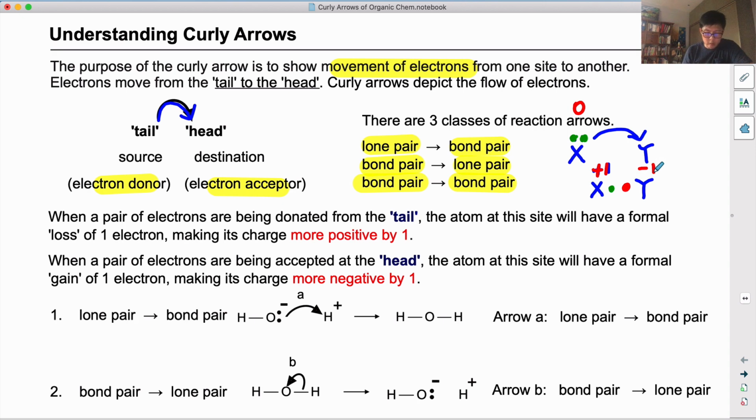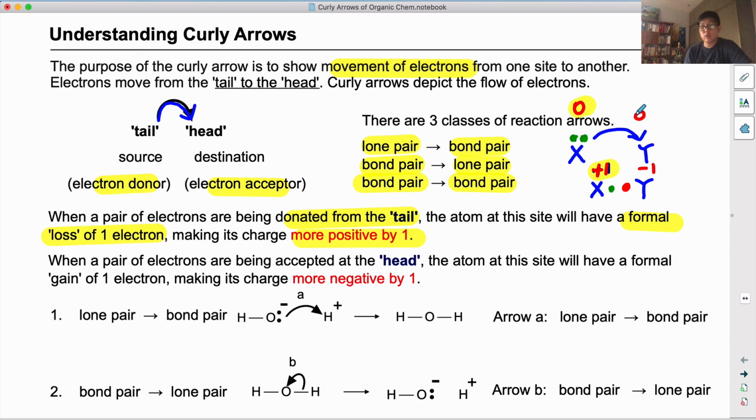So normally that's what we do when a pair of electrons is donated from the tail: the atom on this side will have a formal loss of 1 electron, making its charge become more positive by 1. That's why I said from 0 it becomes plus 1. And for Y, we take the original formal charge to be 0 at first.